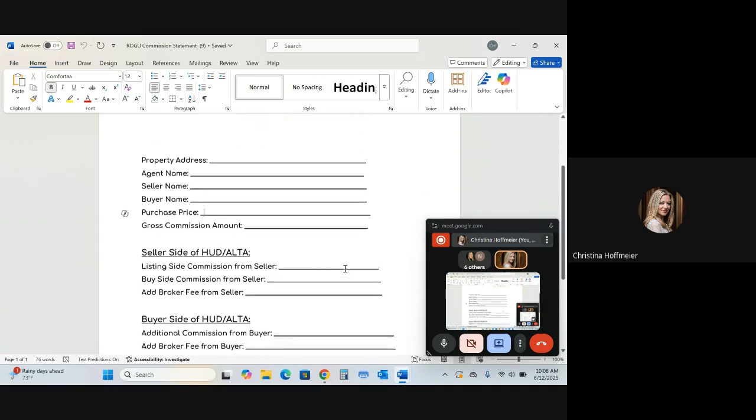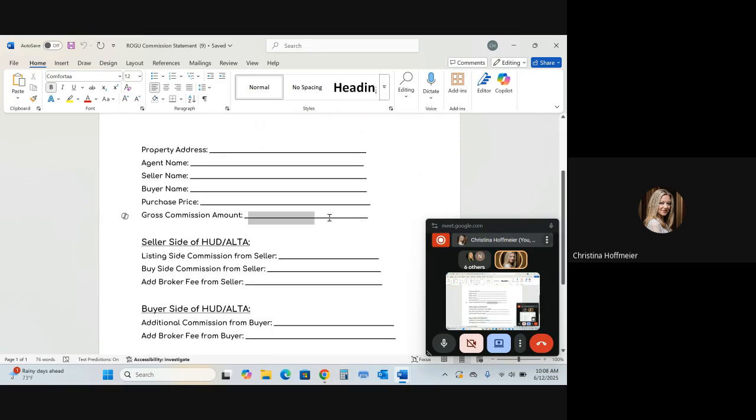Okay. Right here, you're going to put the gross commission amount. So this can mean something different depending on if you represent the seller or the buyer. So let's say, for instance, that you have a listing with a seller, the purchase price is $100,000, just for easy numbers, and your commission as the listing agent is 3%. So your side of the commission would be $3,000. So 100,000 times 3%, $3,000.